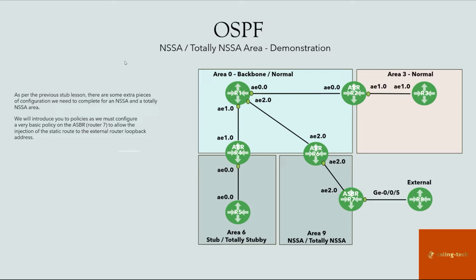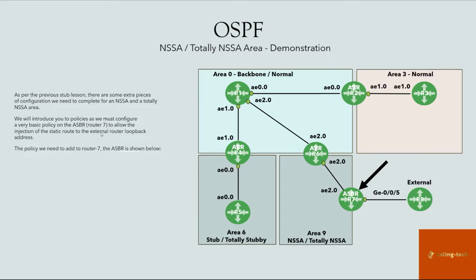The reason we have to do that is because we have to configure a very basic policy on the ASBR router 7 to allow the injection of the static routes to the external router loopback address. This is the external router. We can call it customer, whatever you want to call it. And its loopback address is 8.8.8.8, and we'll see that in the configuration work.